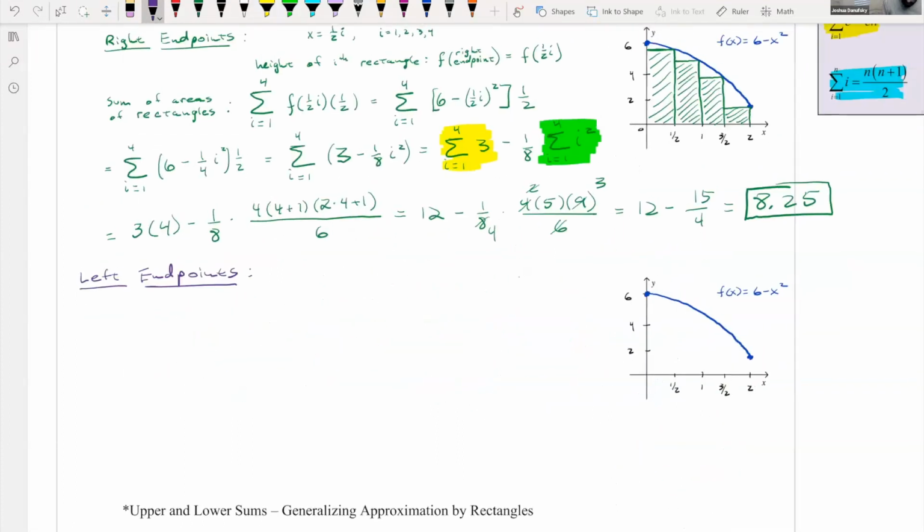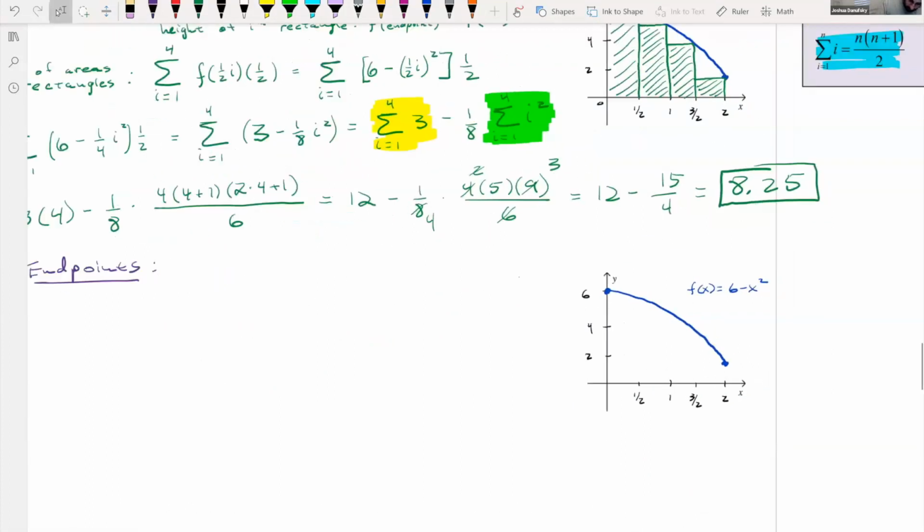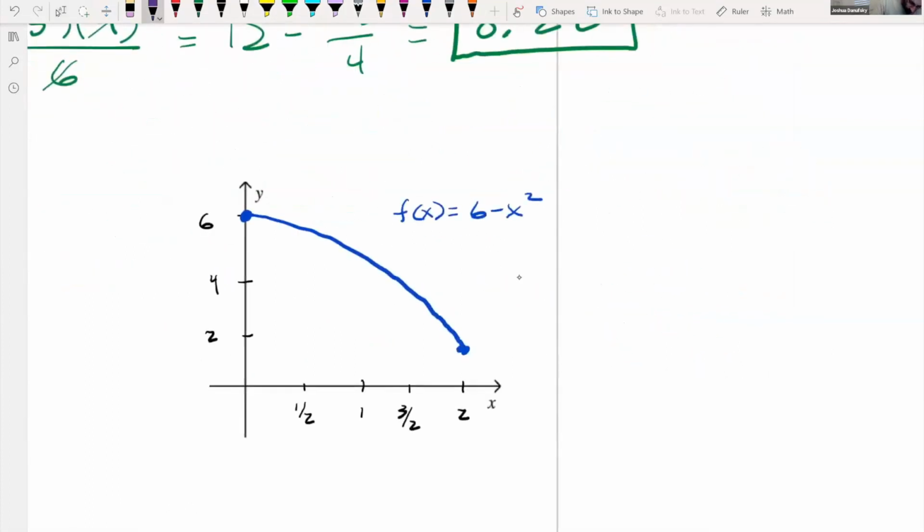So what are the left endpoints going to look like? Well, let's go ahead and start here. If we look at our first subinterval, we're looking at the left endpoint, which is going to be right there on the y-axis, going up to there. We're getting the height of our rectangle like that.